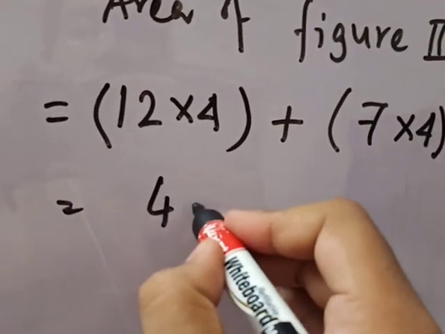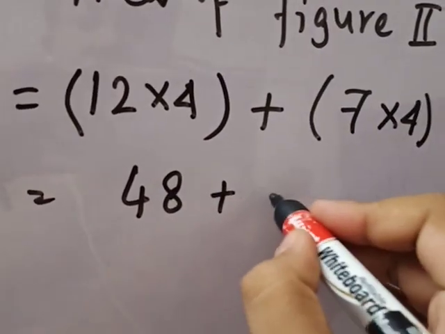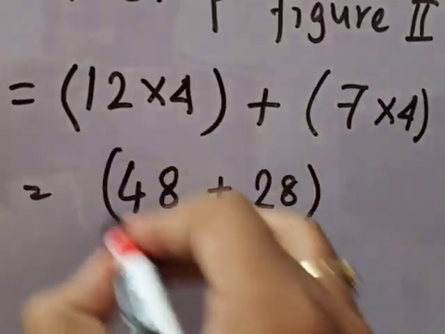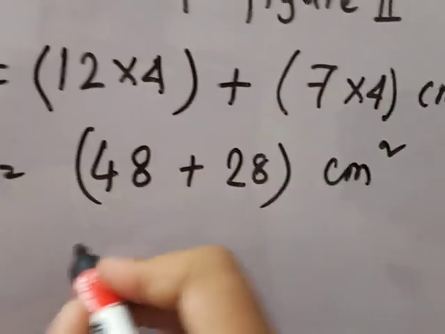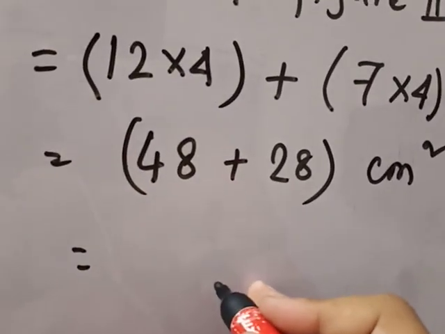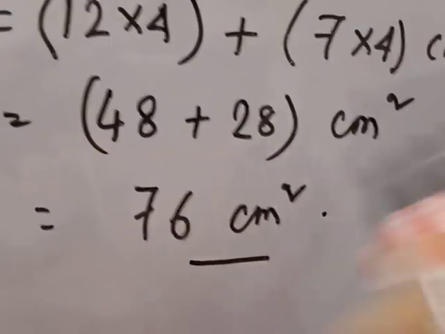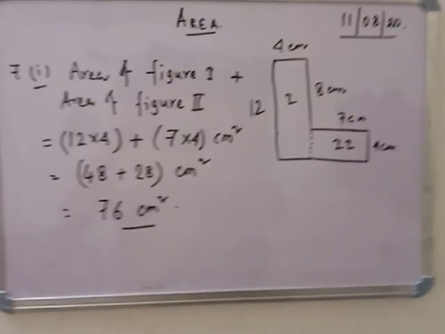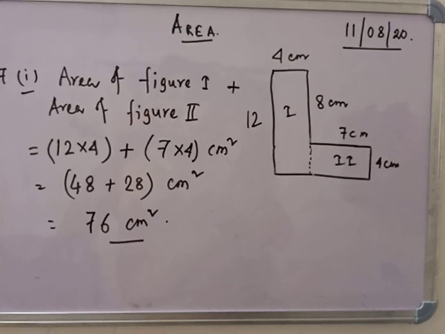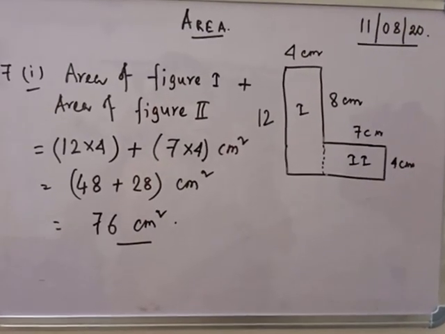So this is 48 plus 28 centimeter square. That means 76 centimeter square. So for this figure, the area is 76 centimeter square.